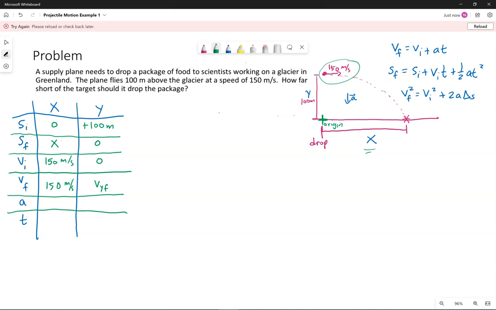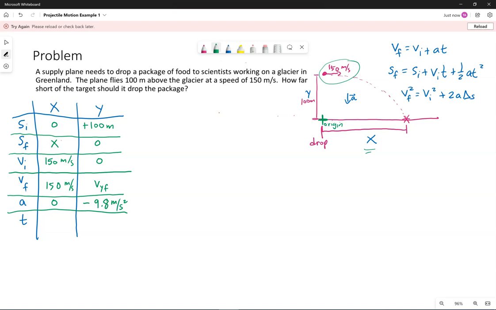The acceleration, we are assuming no air resistance, so no acceleration in the x direction. In the y direction, there is the acceleration of gravity downwards at 9.8 meters per second squared. And then time, we do not know the time. That's not been given to us.